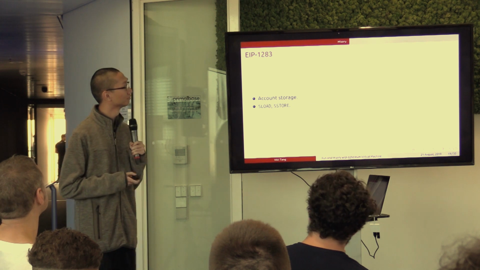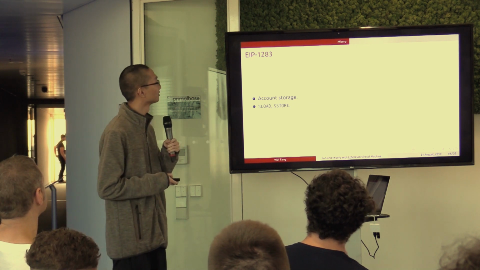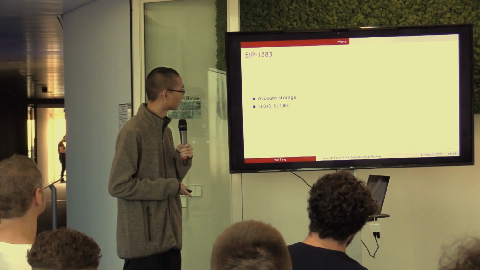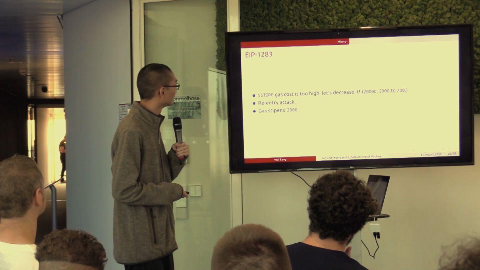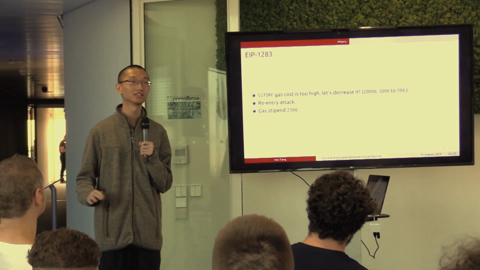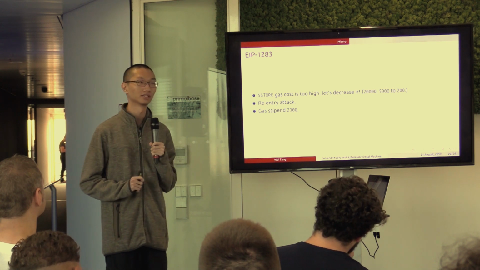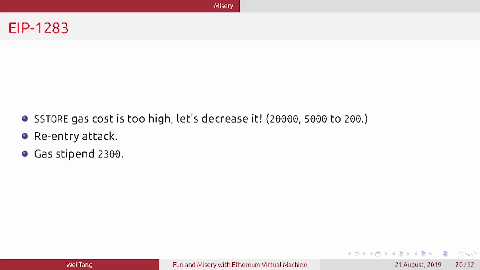And then we have another misery, which is EIP 1283, which deals with account storage. The incentive is pretty simple. We had a lot of complaints that the SSTORE gas cost is just too high.